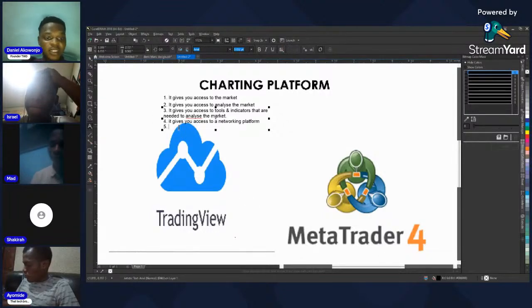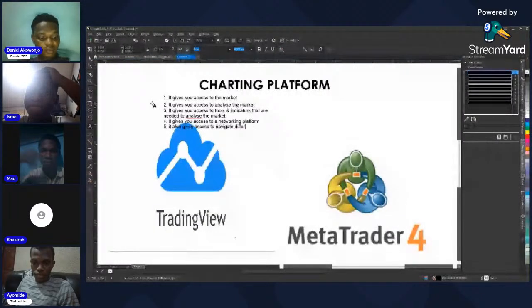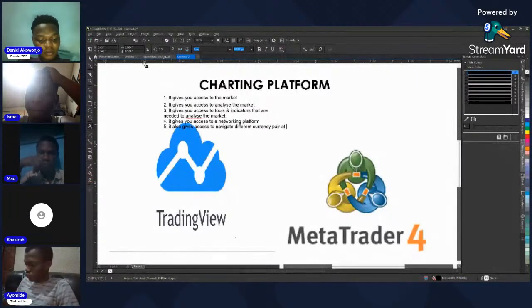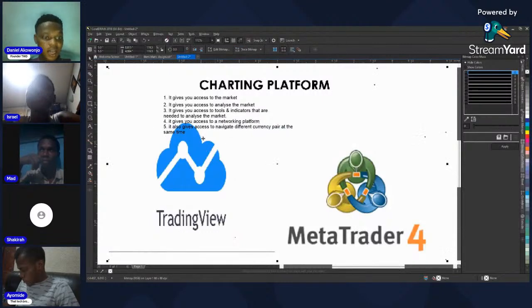So it gives you access to a networking platform, like I said, and it also gives you access to navigate different currency pairs at the same time.